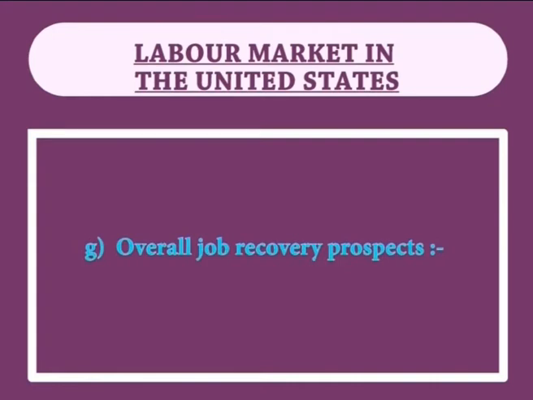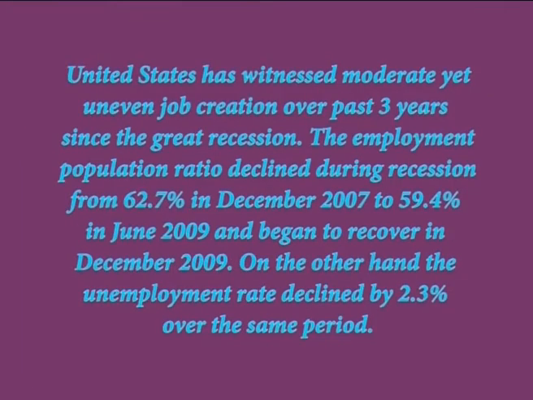Overall job recovery prospects. The United States has witnessed moderate yet uneven job creation over the past 3 years since the Great Recession. The employment population ratio declined during the recession from 62.7% in December 2007 to 59.4% in June 2009 and began to recover in December 2009.